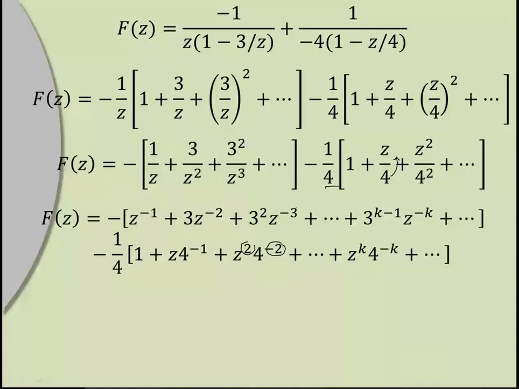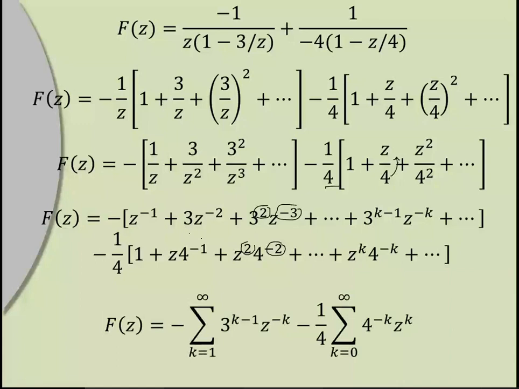Okay, here these powers are different, it is k minus 1 and k. So we can write it in the form of summation. F of z will be minus summation k equal to, now just check by putting what value of k in this we get the first term.